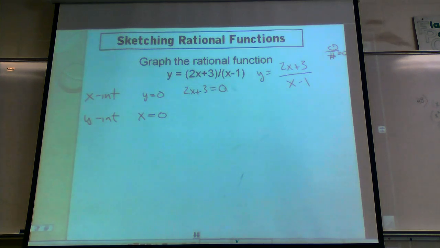But if I can actually solve that out and go, okay, x is negative 3 over 2. So right there, for x is negative 3 over 2, that's going to be my y-intercept. Can that be your x-intercept? So I'll plug it back in to get the actual value. What am I doing?